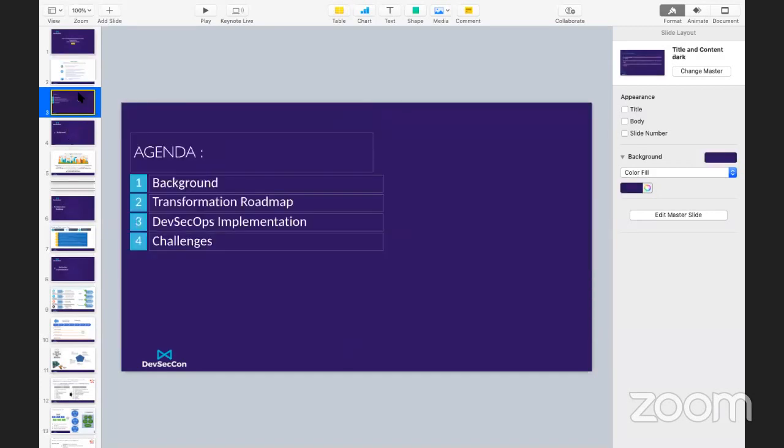Okay, this is our agenda for the next 40 minutes. First is why we need to do the transformation. We'll explain our background for the transformation and the reason behind it. The second is our transformation roadmap, how we are doing the transformation. And also the DevSecOps implementation. This is the key point.